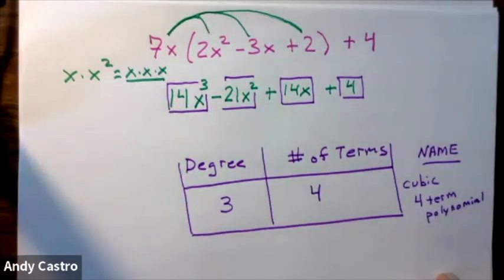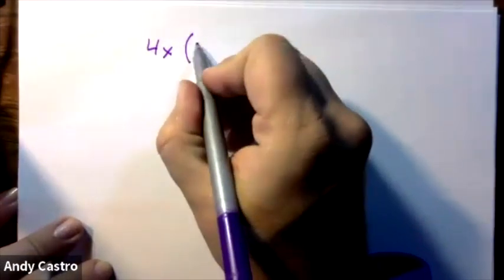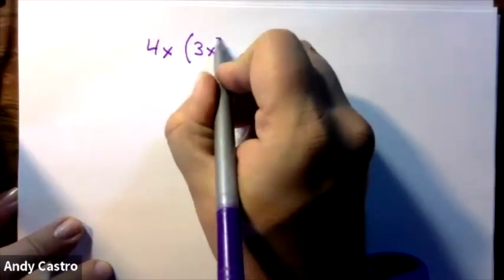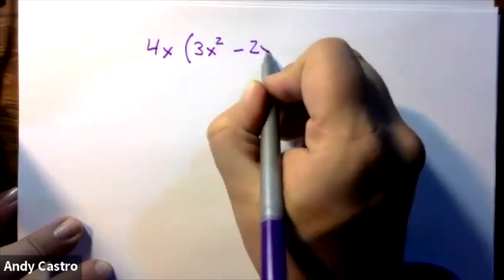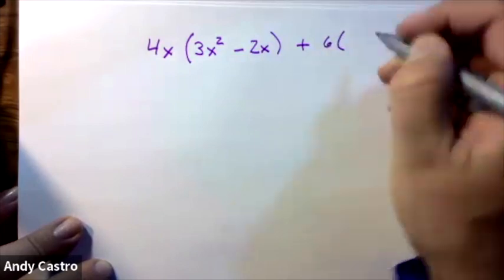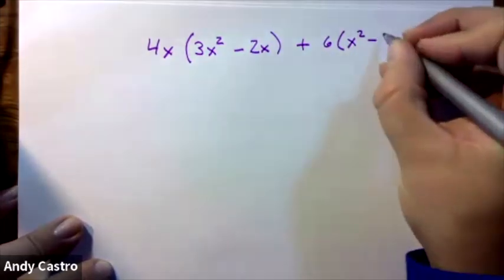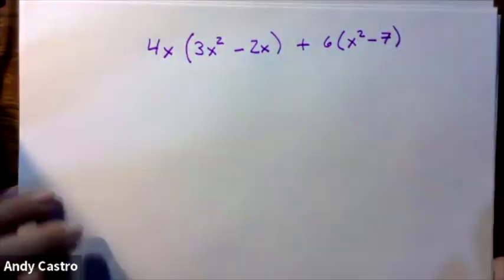All right, let's do one more. Let's start with 4x times 3x squared minus 2x plus 6 times x squared minus 7x.